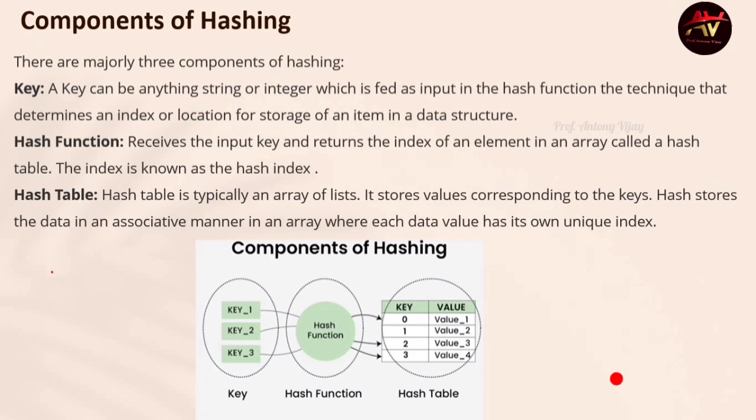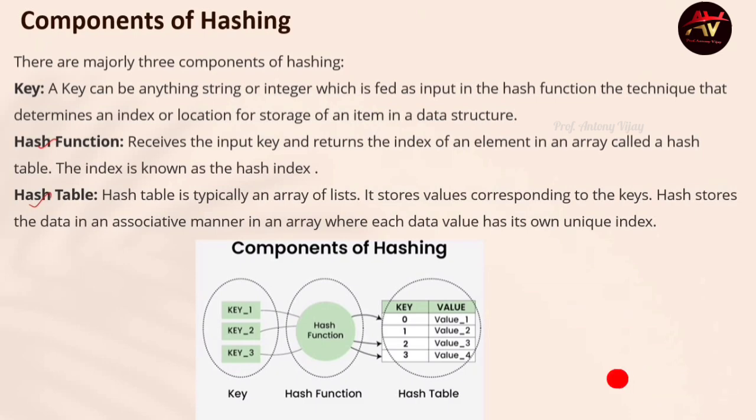Next we will see the components of hashing. There are three important components of hashing. The first one is key, the second is hash function, and the third is hash table. A key can be anything. It may be a string or an integer, which is applied to the hash function.